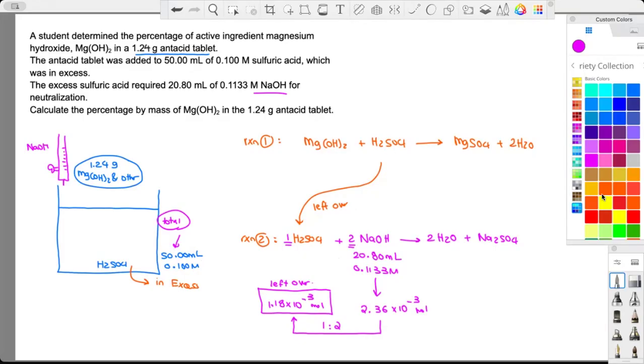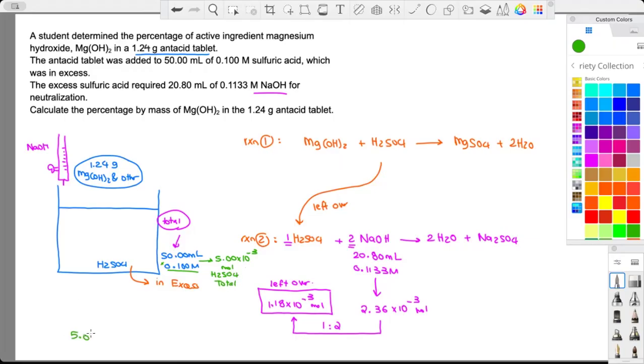So here, in terms of moles, let me use another color. We had, by multiplying these two numbers again, after the volume is in liters, we see that there was 5.00 times 10 to the negative 3 moles of H2SO4, the total amount of moles of H2SO4 in the container.